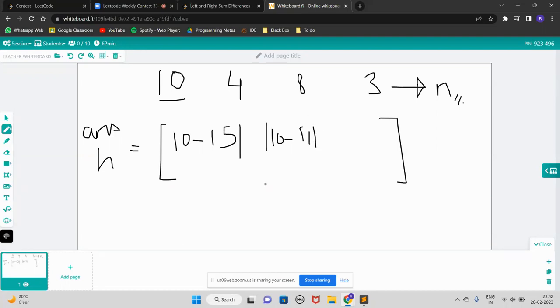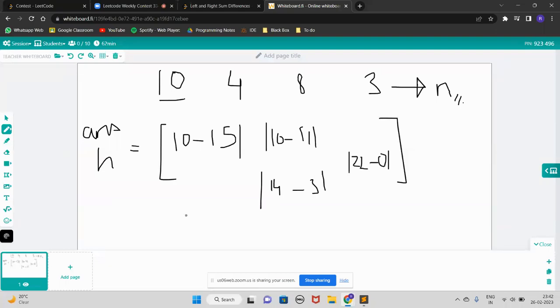Now for this 8, it would be 10 plus 4, 14. 14 would be the left sum, and the right sum would be 3. And for this 3, the left sum would be 10 plus 4 plus 8, 22, and the right sum is 0, since there is no element towards the right of it.